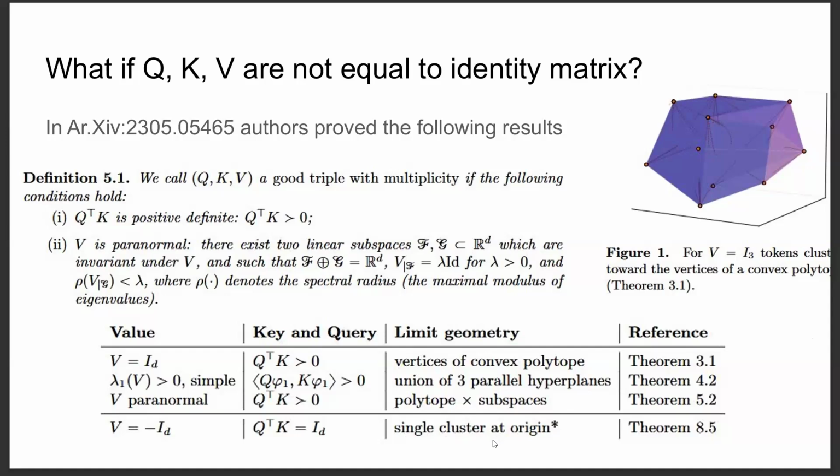It is a single pointwise cluster, and near infinity of time t it will be a single cluster for q, k, and v equal to identity matrices, and for several other cases too. I'm not sure how to formulate these results on limit geometry for now, but this is just for reference. Other cases are being investigated too.